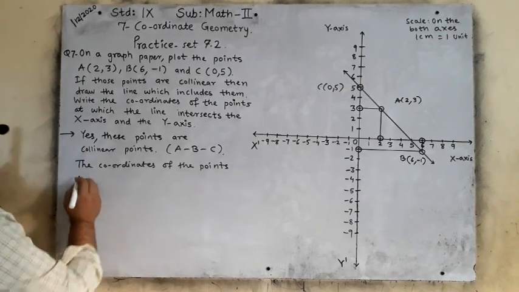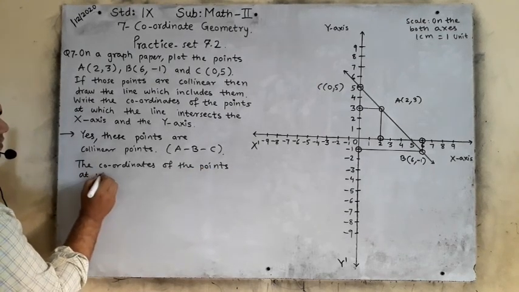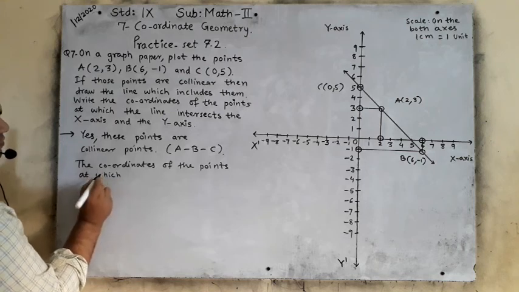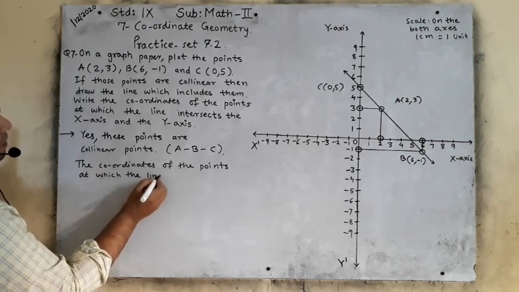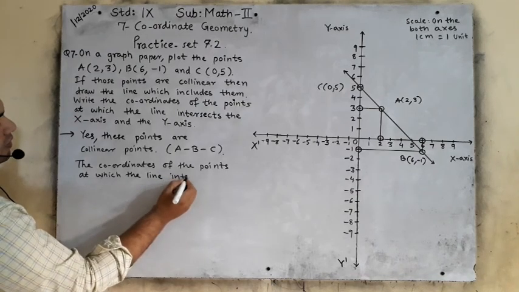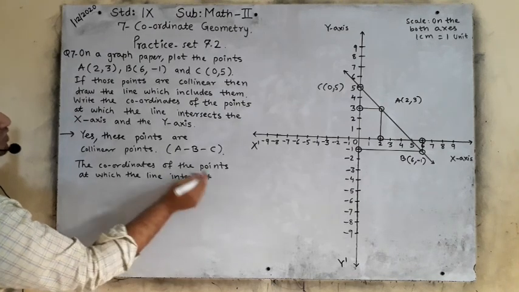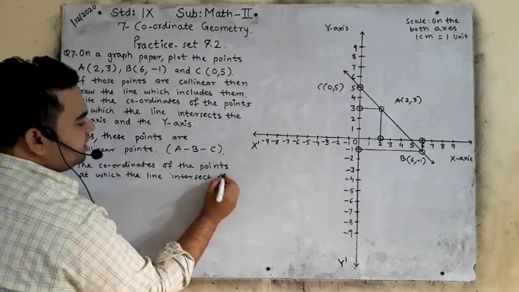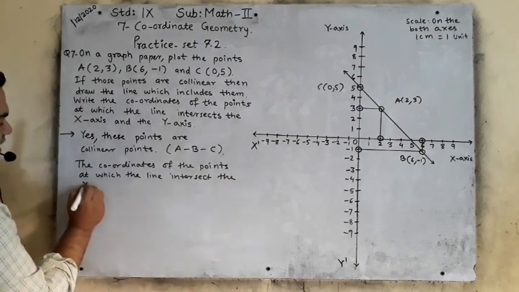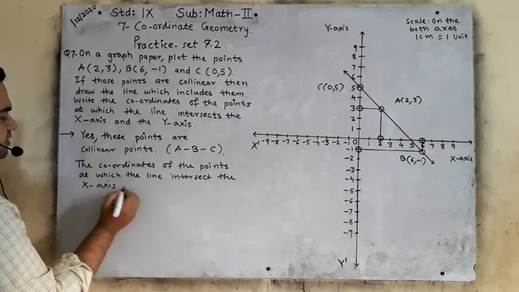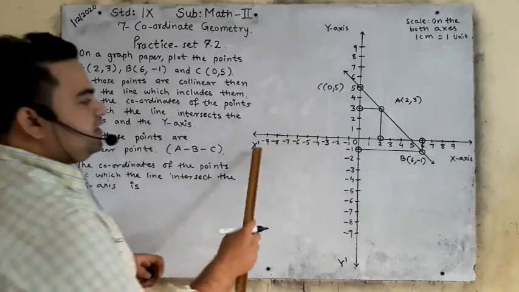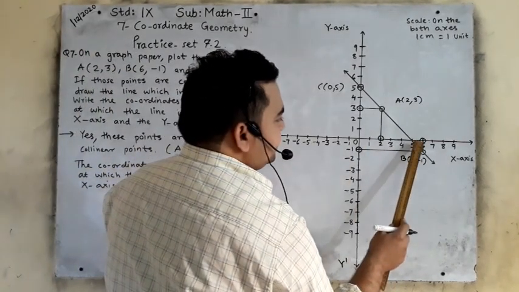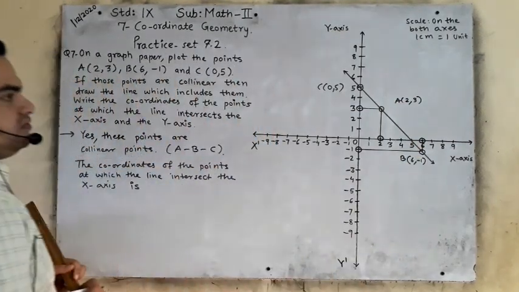The coordinates of the points at which the line intersects the x-axis. See, I am reading from the question only. It is on the x-axis, please pay attention. This is the x-axis. So at which point does it intersect? Tell me here.